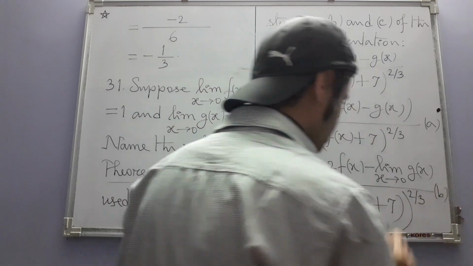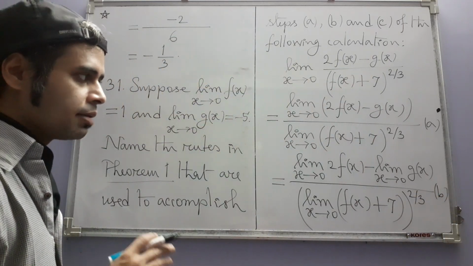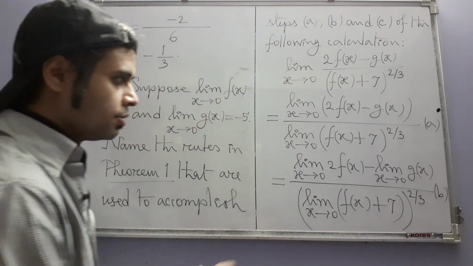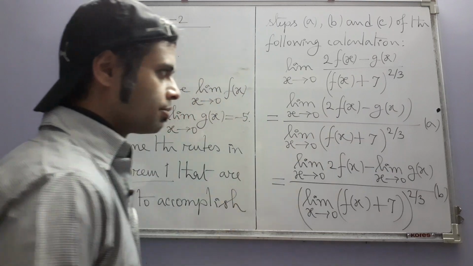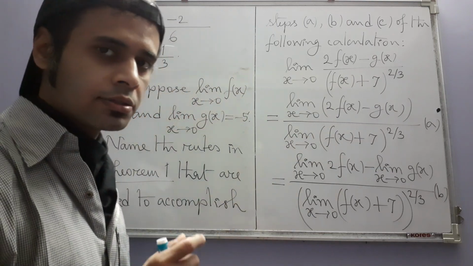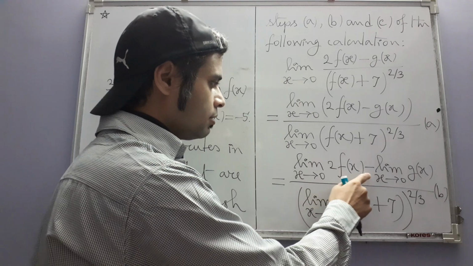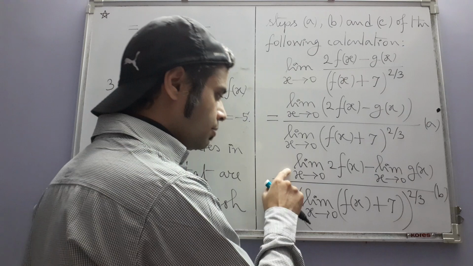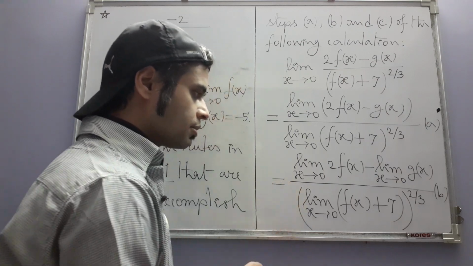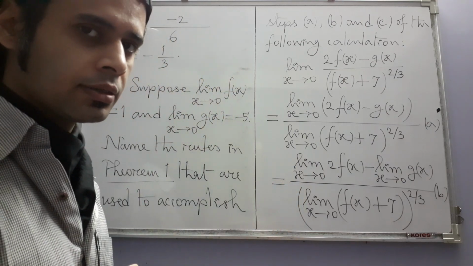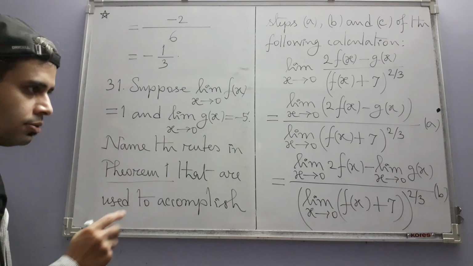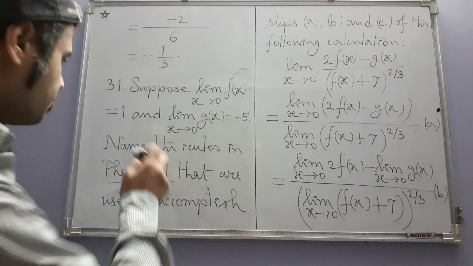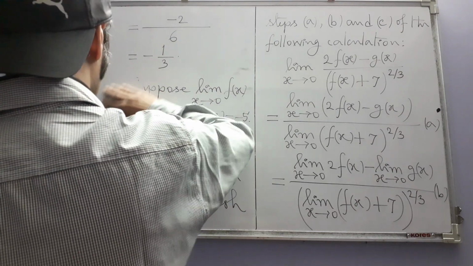And this has been named step B. So in step B, what are the parts of theorem 1 we have used? We have used the difference rule, that is the limit of the difference of two functions is the difference of their limits, that rule that we have done in the numerator, and in the denominator we have used the power rule. That is also one part of theorem 1. So these are the things we have used in step B, but there are others also. So let's see. Naturally, these are the things that come next.